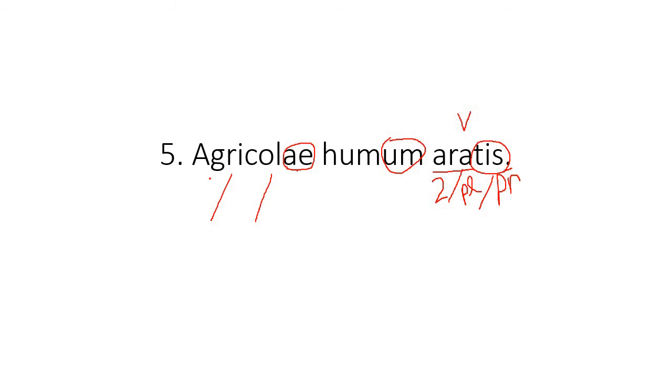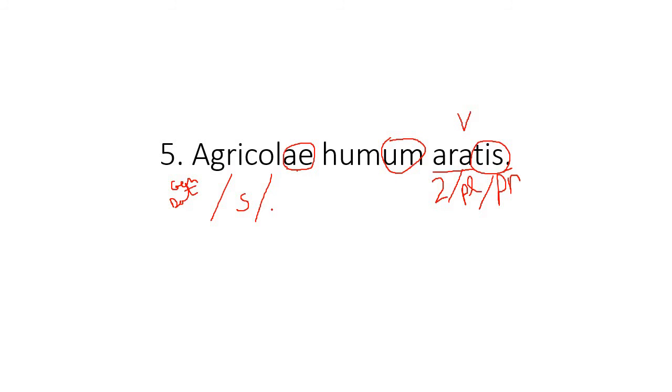So it is not nominative, so that reduces our options down to either genitive or dative. Both would be in the singular column. Okay, so we'll have to try both of those, see which makes more sense.